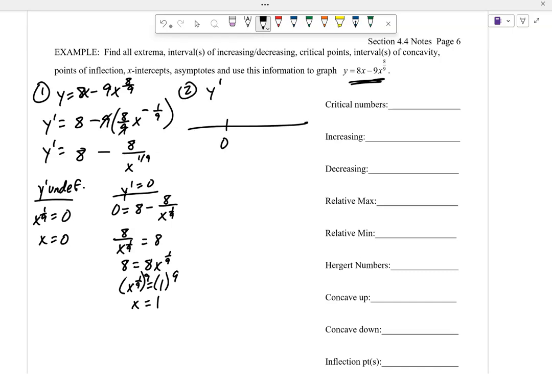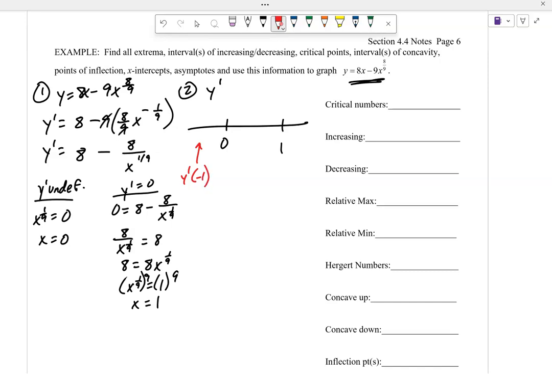So it's undefined here. The first derivative is undefined, so maybe it has a sharp point, or maybe it has just a vertical asymptote there or whatnot, right? And then x equaling 1. So we're going to test around those. So let's throw in y prime of -1.